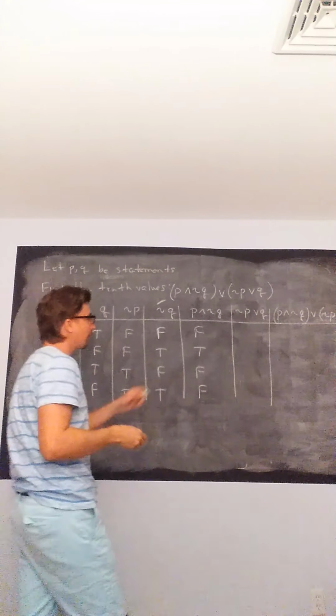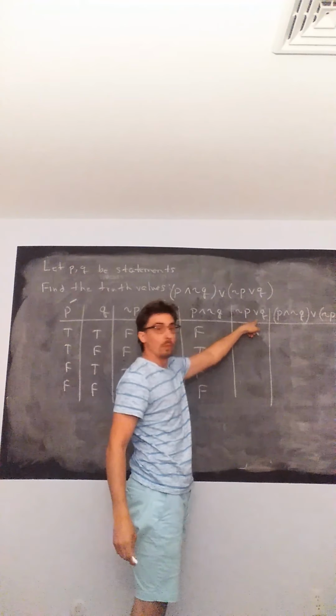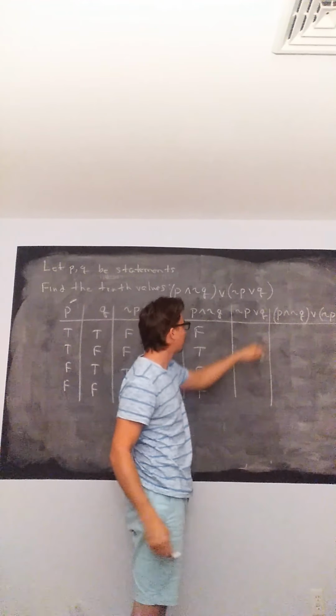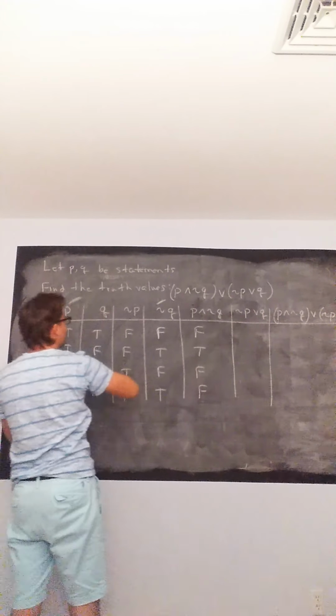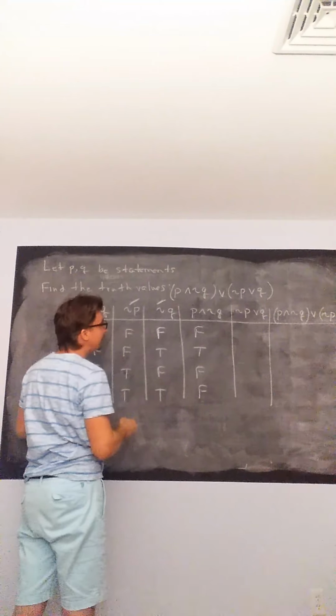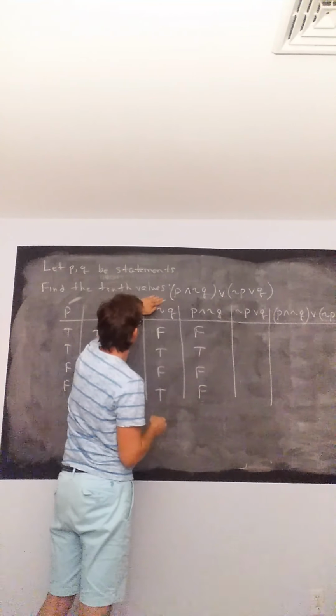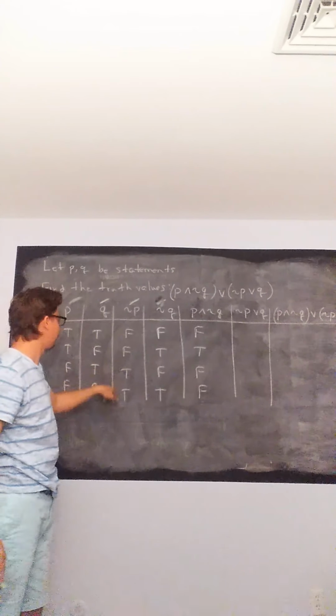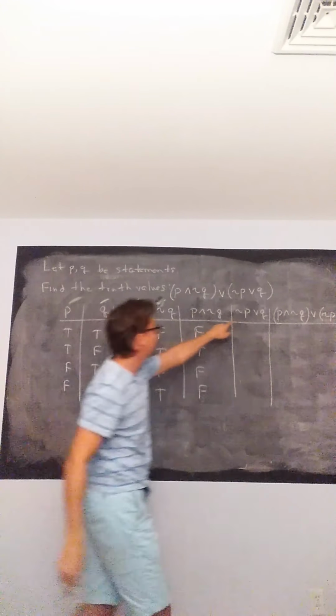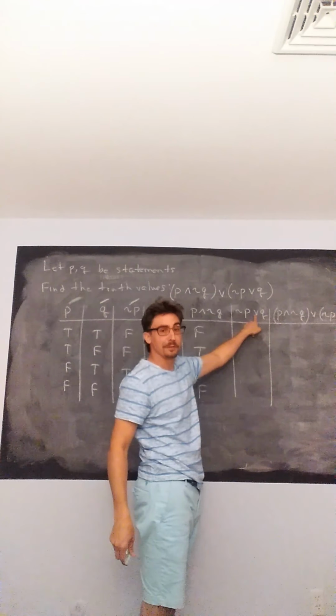The next column is the not P or Q column. So this time we're looking right here at not P, and over here at Q. It doesn't matter which order we look at them in. What does matter is the operator. The operator here is or.